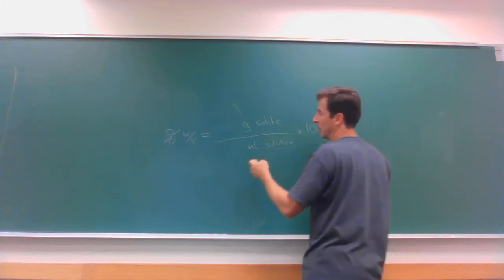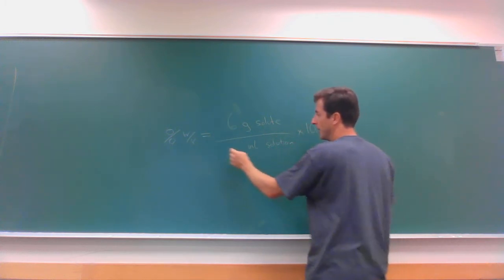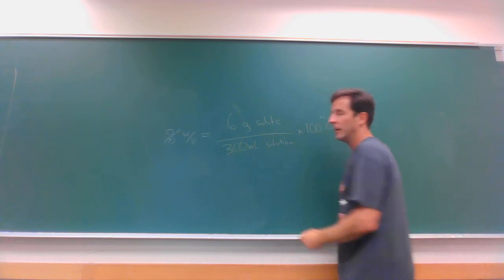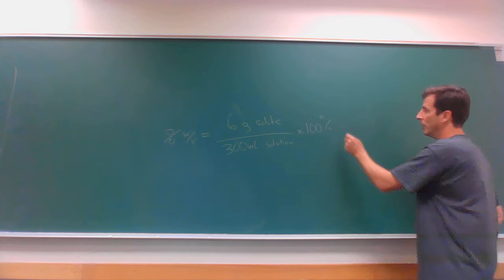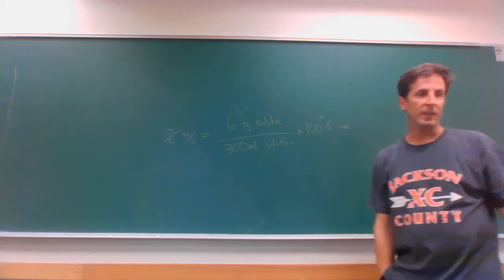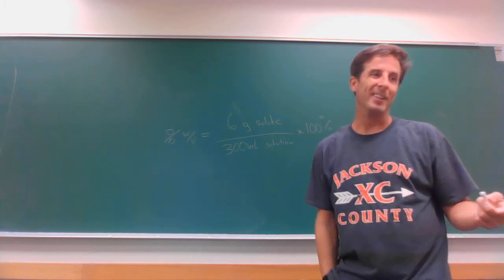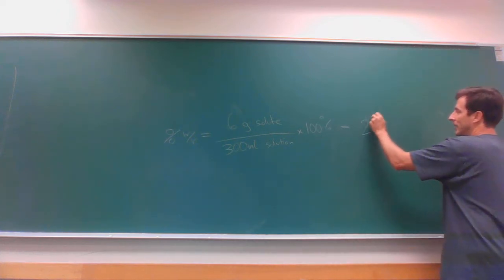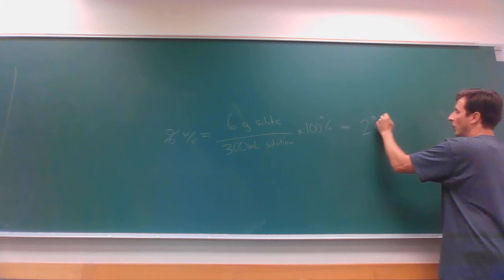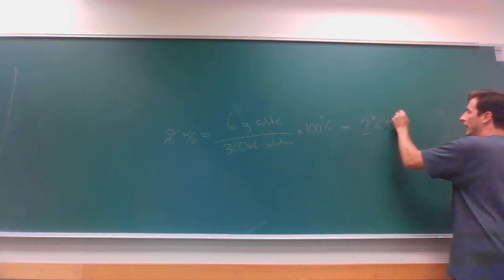So if I just plug my numbers in, it was 6 grams of sodium chloride to 300 milliliters. 6 over 300 times 100 should give you 2%. Sig fig wise, really the 300 milliliters only has 1 sig fig, so I should write that as 2% weight to volume NaCl.